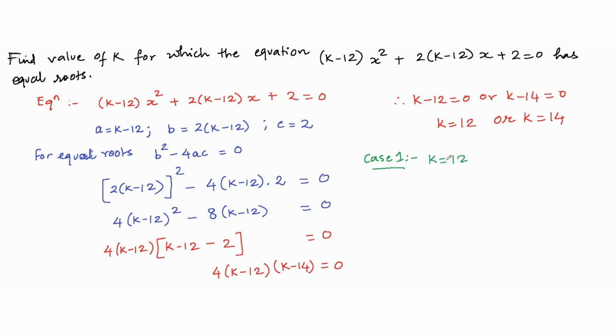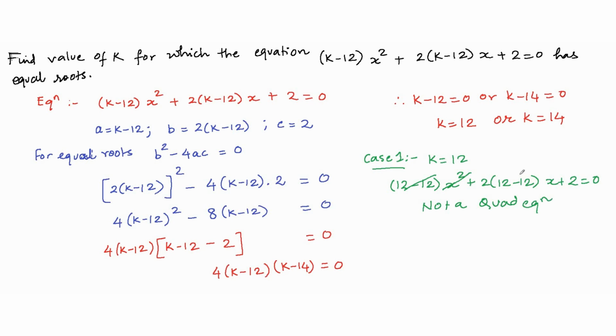So let's take k equal to 12. If you now substitute, you get (12 minus 12) times x square plus 2 into (12 minus 12) times x plus 2 equal to 0. You will notice that 12 minus 12 cancels out the x square part, which means this is not a quadratic equation anymore.